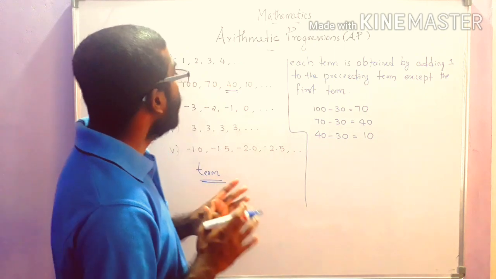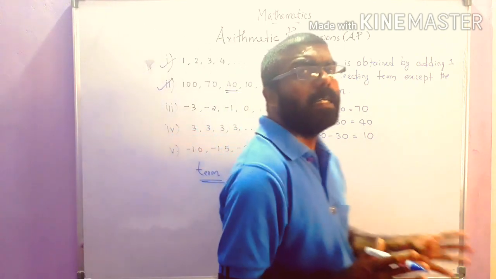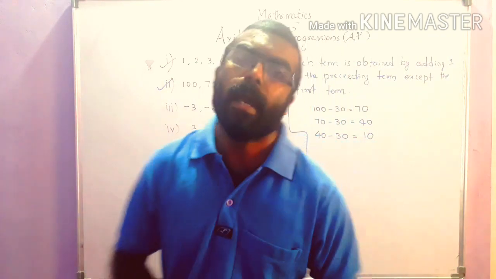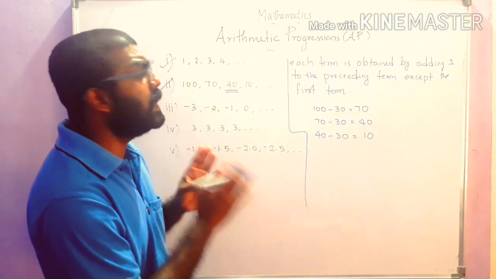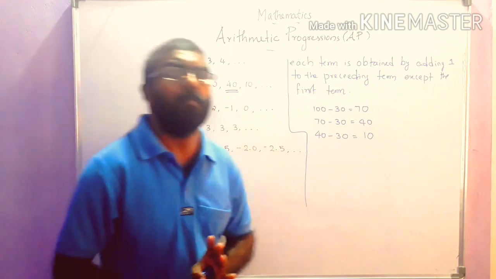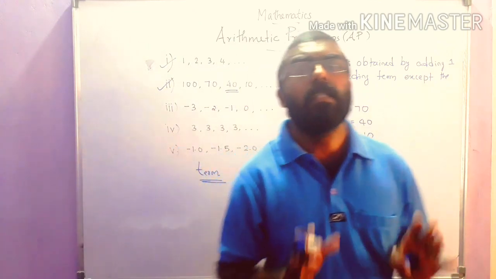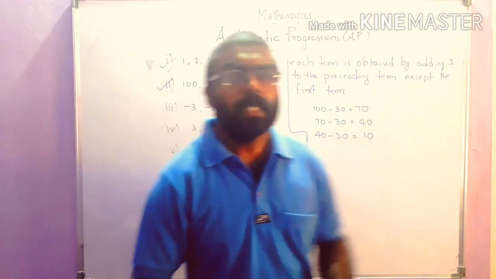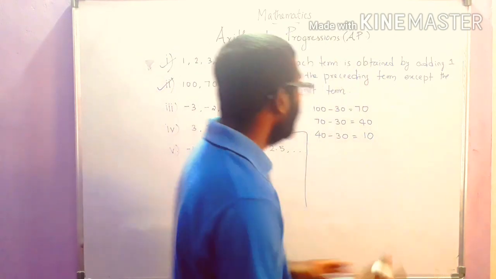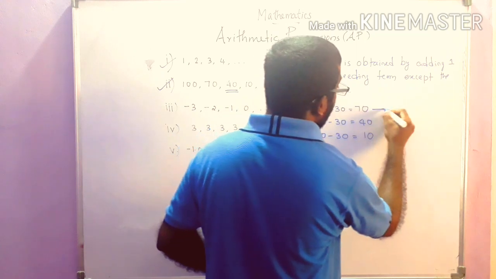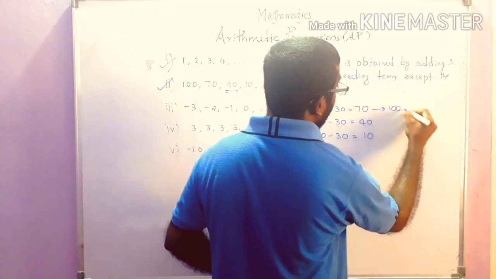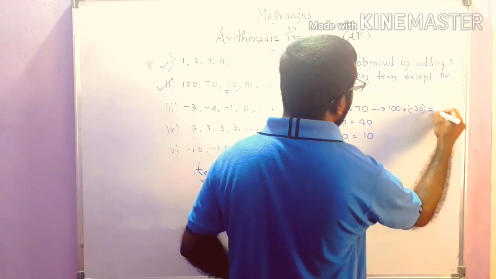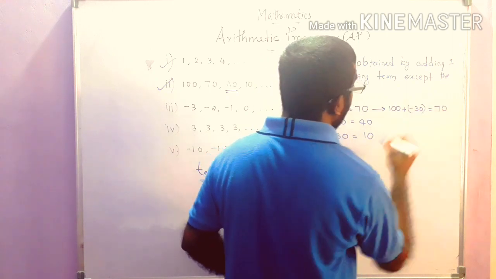So here we can say that each term is obtained by subtracting 30 from the preceding term. It can be stated in another way: 100 minus 30 can be written as 100 plus minus 30, which also gives 70.